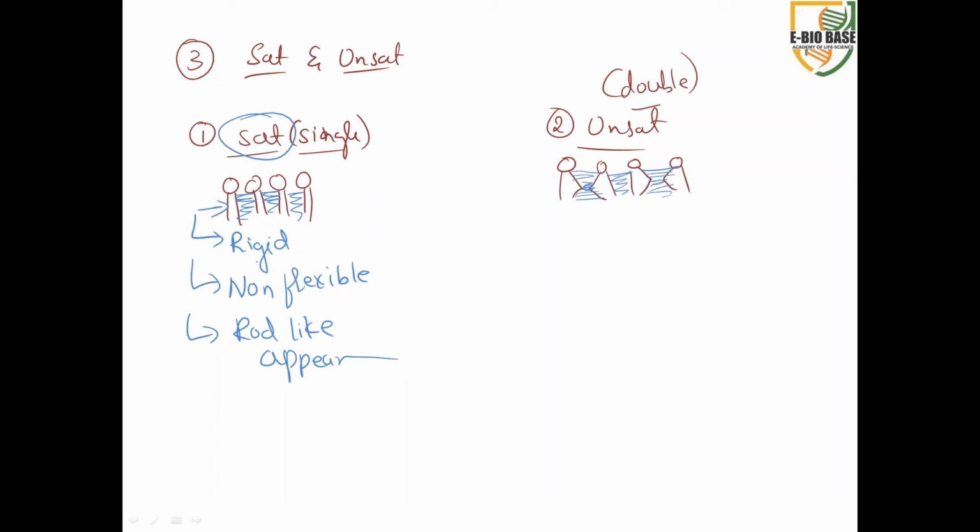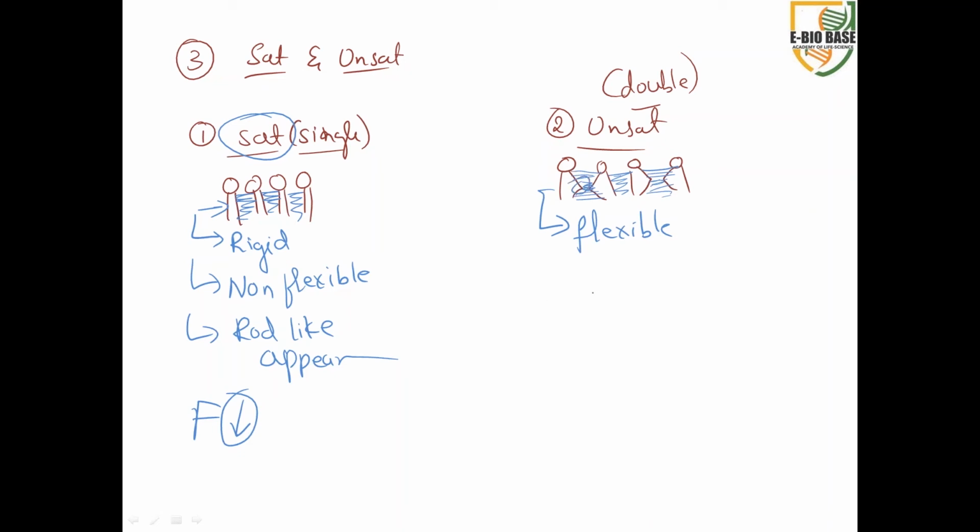When the greater interaction is there, what happens? Fluidity decreases. If saturated fatty acids are more, fluidity will be decreased. In case of unsaturated fatty acids, the tails are flexible. Flexible in the sense, it is because of this bend.